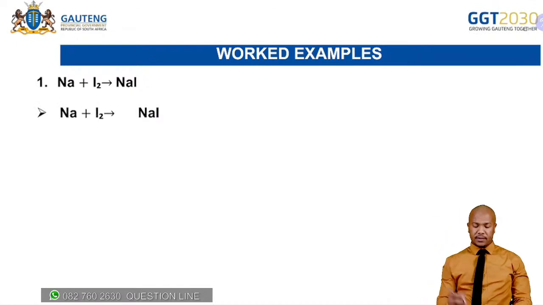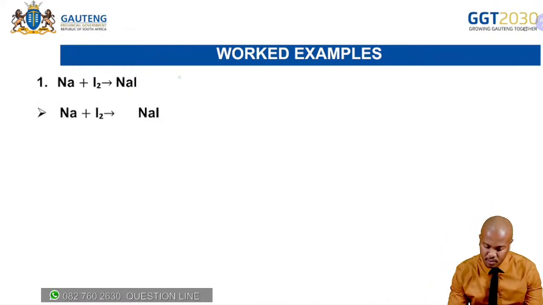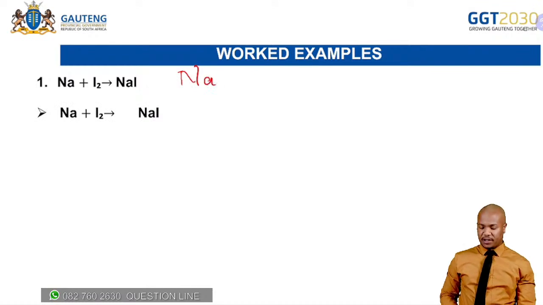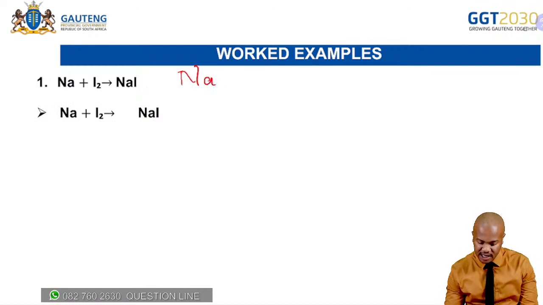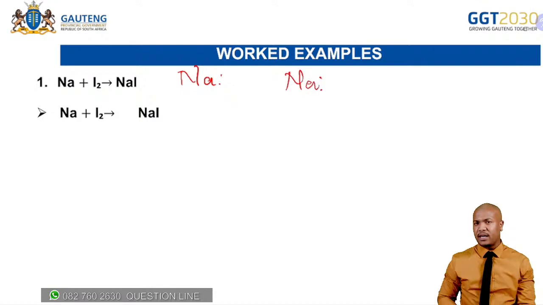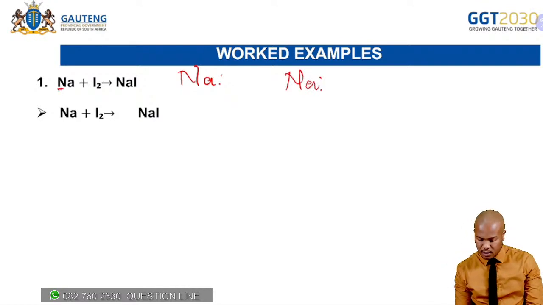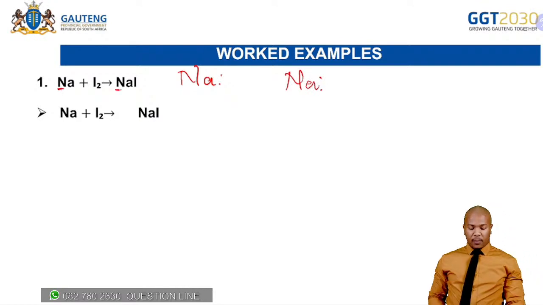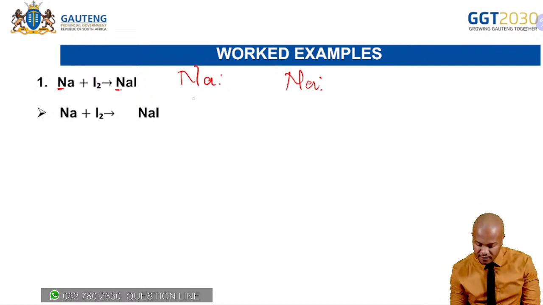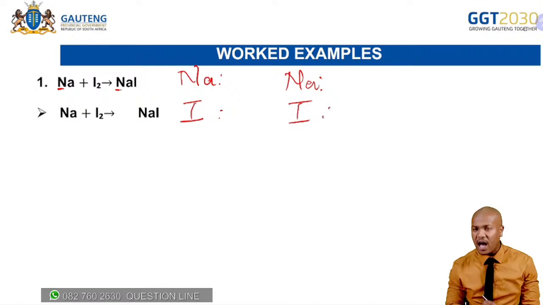So looking at this, you first have to compare what? The elements involved in the reaction. So on the reactant side, we have sodium, and on the product side, we have sodium again. Now, on the reactant side, we also have iodine, and here we have iodine.